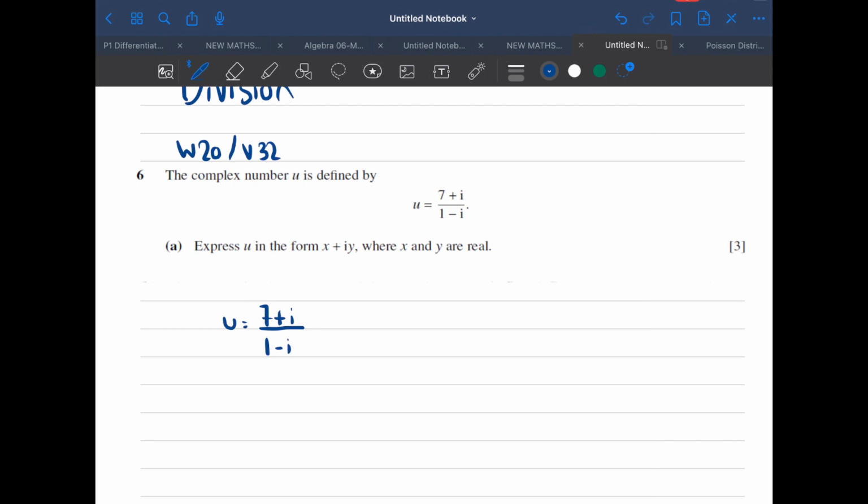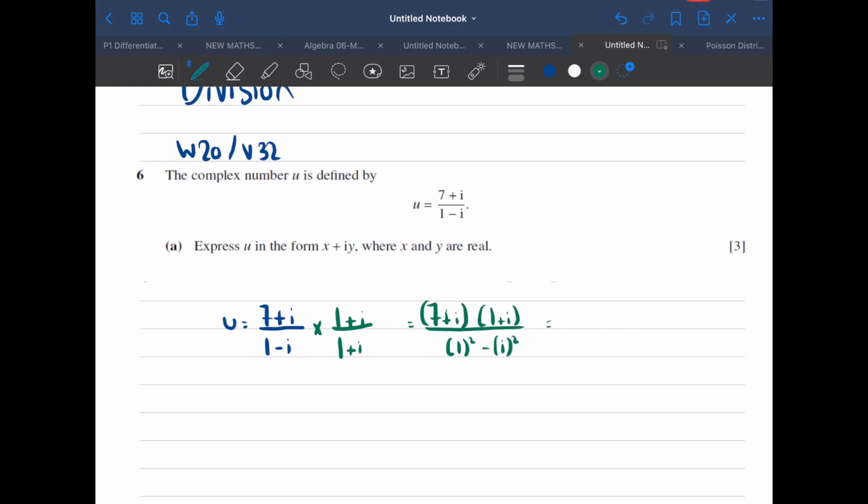And in order to remove complex number from a denominator, I need to multiply by its conjugate. इस प्रोसेस को हम rationalization कहते हैं. So you multiply the conjugate in numerator and denominator both. So now it's going to become 7 plus i and 1 plus i divided by 1 square minus i square.